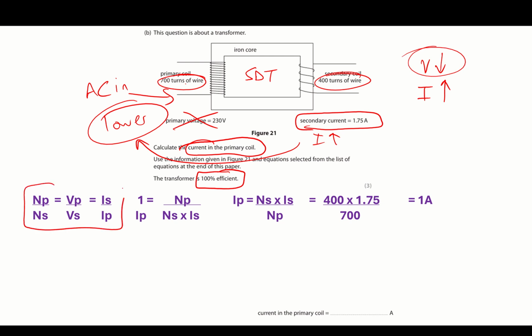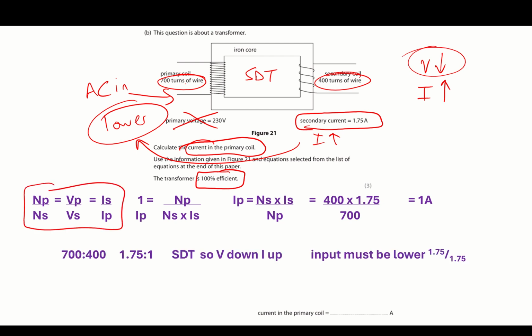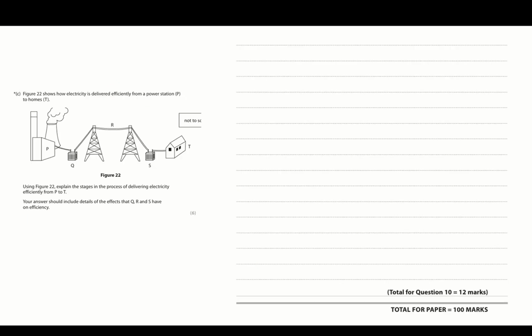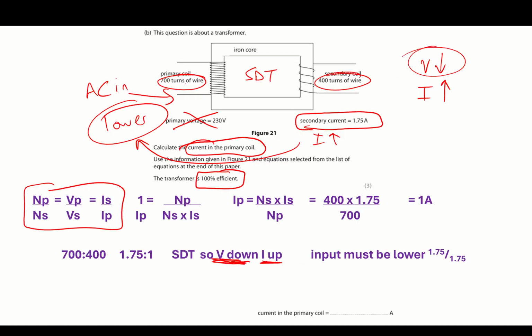Now, personally, I'd stick to that, but I know a lot of you like this. So we've got 1.75 to 1. We know it's a step down transformer, so voltage goes down, current will go up. If this current has gone up, it must have been lower to start with. There we go. So 1.75 over 1.75 equals 1 amp.